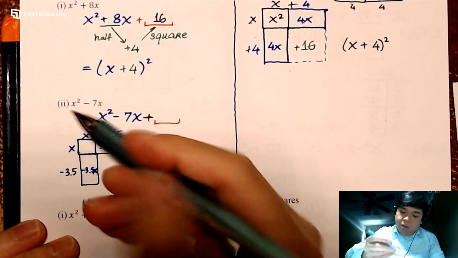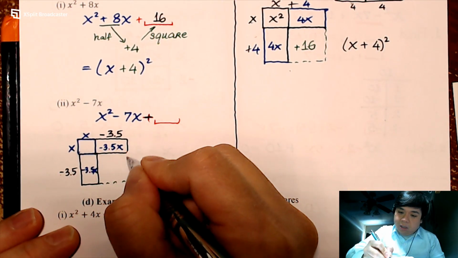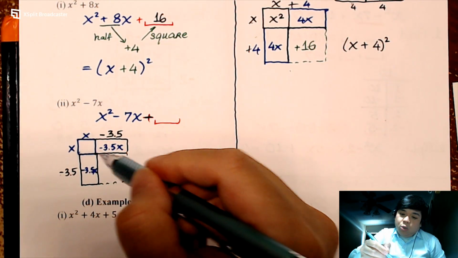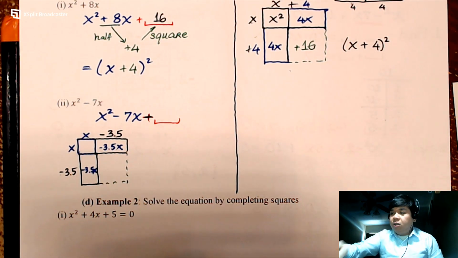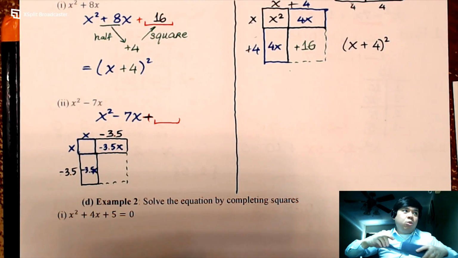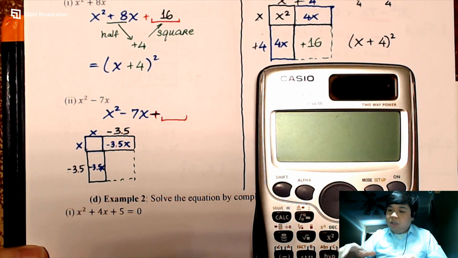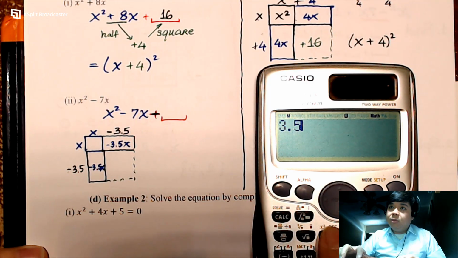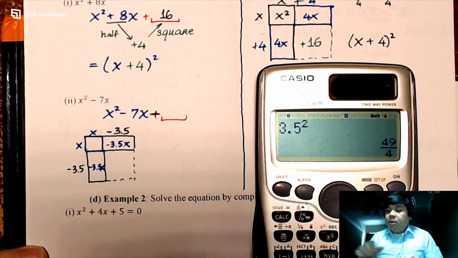And to make it a complete square, this side 3.5 times 3.5. So it is 3.5 squared. Alright, 49 over 4.